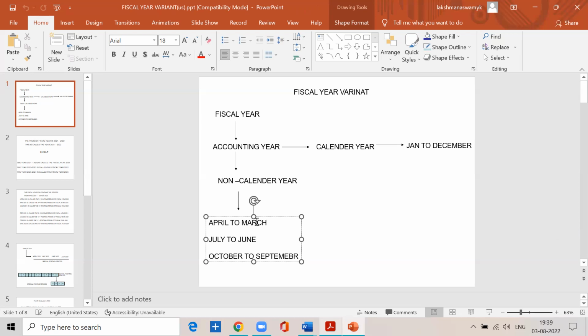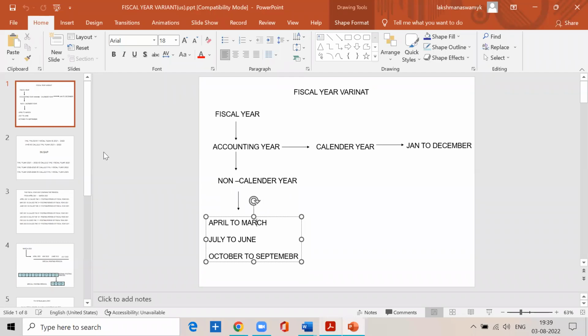Similarly, July to June means starting from July of the current calendar year and ending with June of the next calendar year. Similarly, October to September means starting from October of the current calendar year and ending with September of the next calendar year. Even in the case of a non-calendar year, it normally contains 12 months.